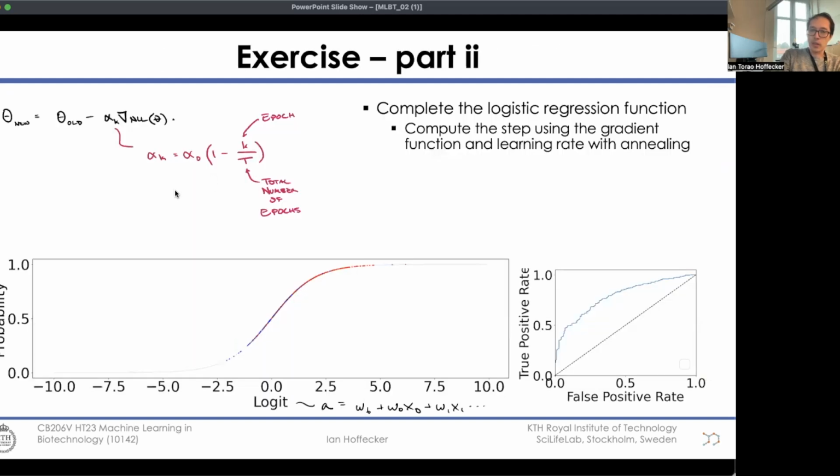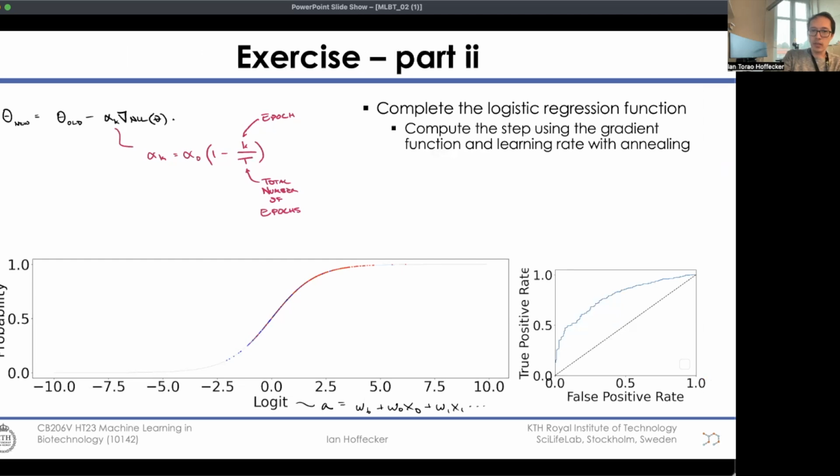Okay, and then the second part of this exercise was to look at the logistic regression. What we're interested in is doing an epoch step. So we have an epoch loop, and we have a function for computing the gradient of the negative log likelihood for the sigmoid function.